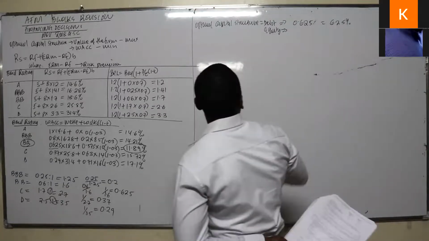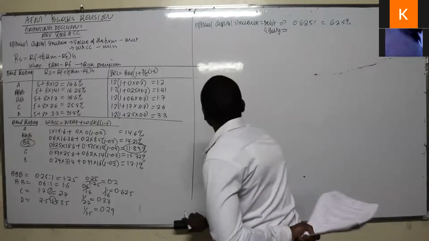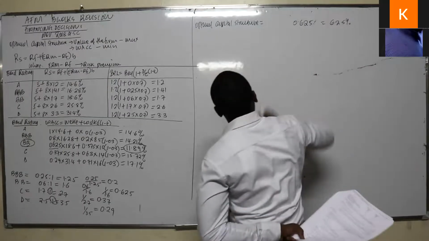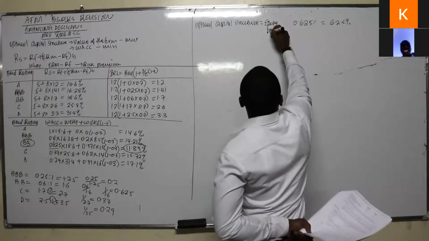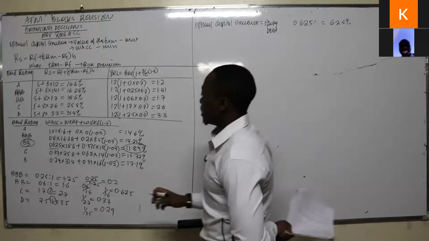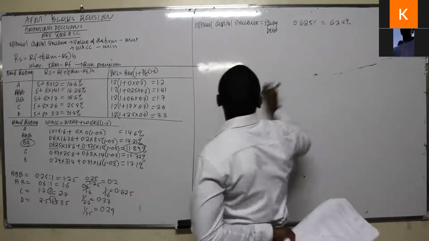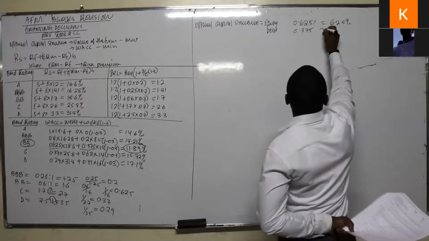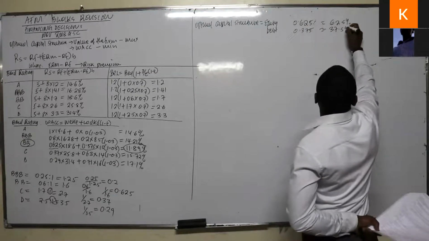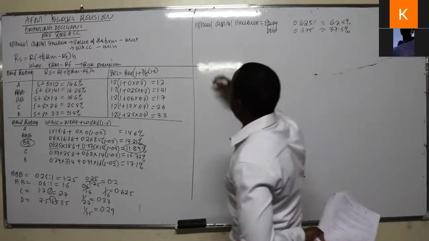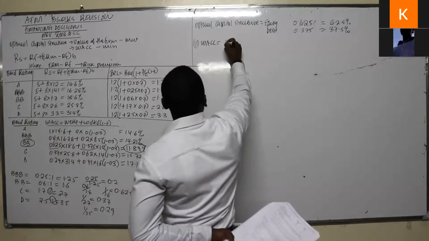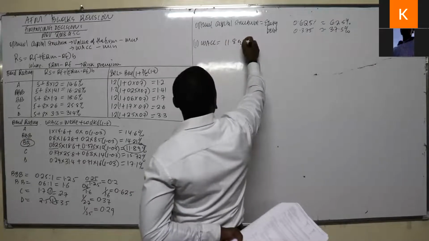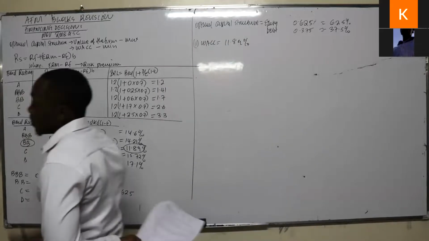So that's the equity. And then the debt is 37.5%. Then number 2 of the question is the optimal WACC, which is 11.89%. You can take a screenshot of that.